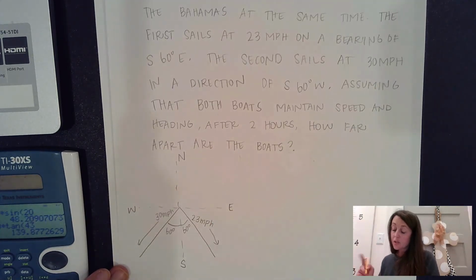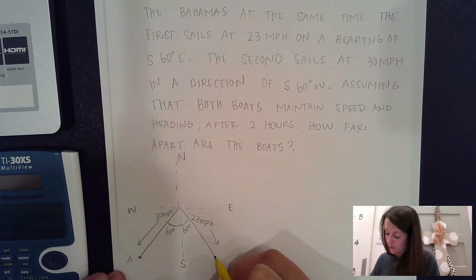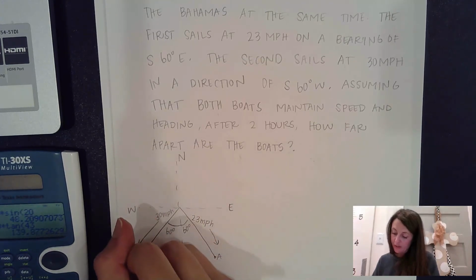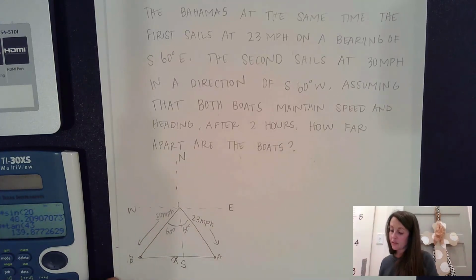Assuming that both boats maintain speed and heading after 2 hours, how far apart are the boats? So here's my boat, let's call it boat A, and this is boat B. I want to find the distance between the two boats. Let's call this X, that's what I'm looking for.